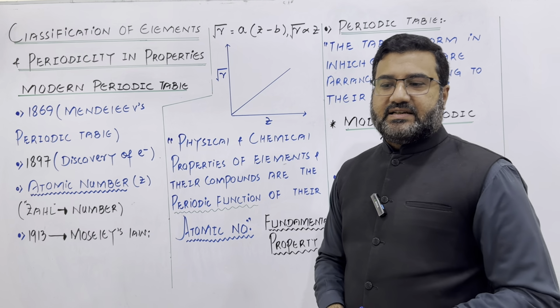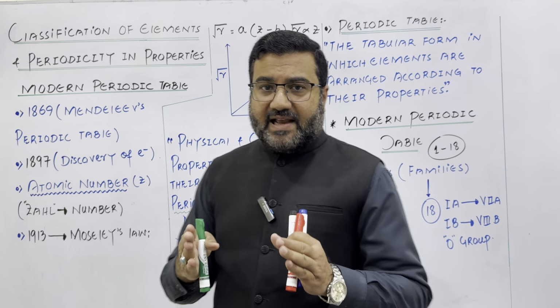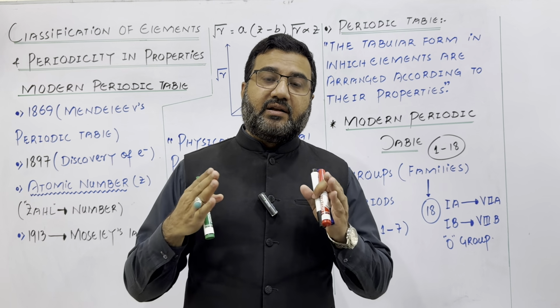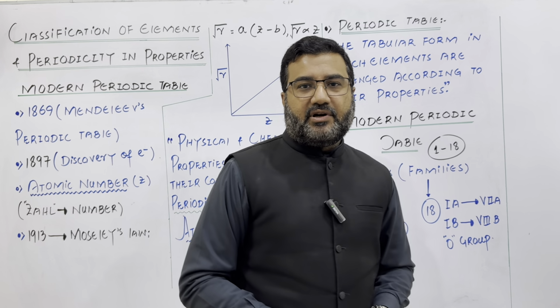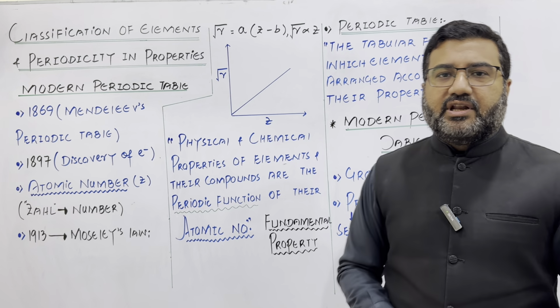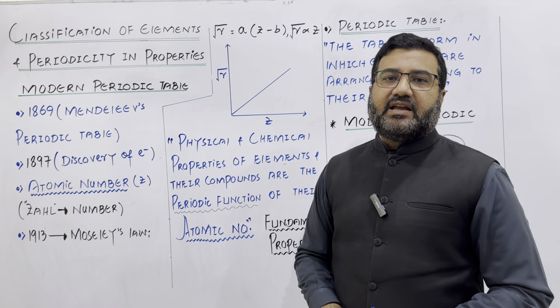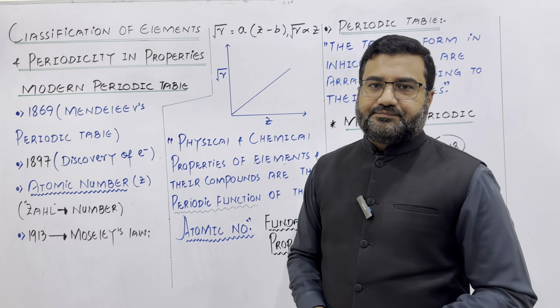It means atomic mass is not the fundamental property, rather atomic number is the fundamental property which decides the electronic configuration and also the physical and chemical properties of the elements and their compounds.